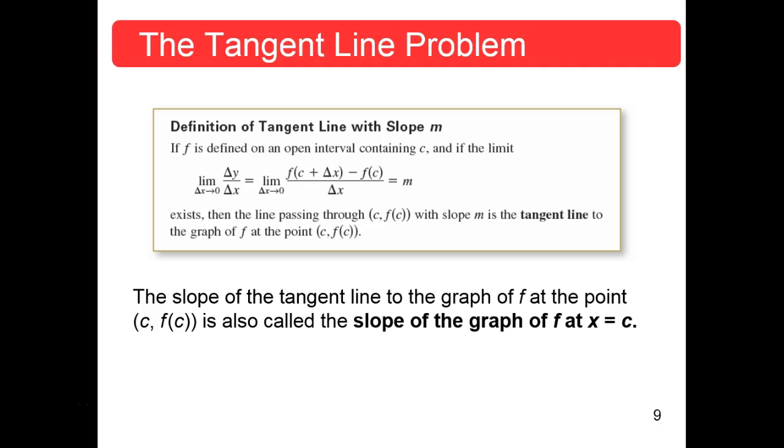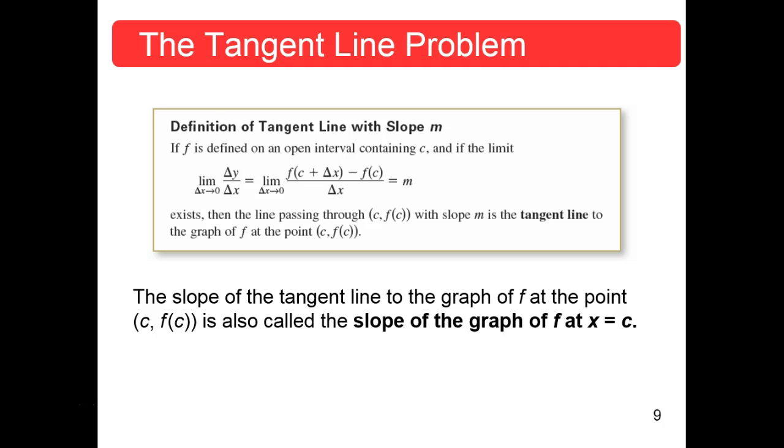Here's the definition of the tangent line with slope m. If f is defined on an open interval containing some number c, and if the limit as delta x approaches 0 of alpha of c plus delta x minus alpha of c, over delta x, which is exactly what we said was the slope of the secant line, and if you let that delta x get smaller and smaller from either direction, approaching 0, if this limit exists, that is the slope of not the secant line anymore, but the tangent line.